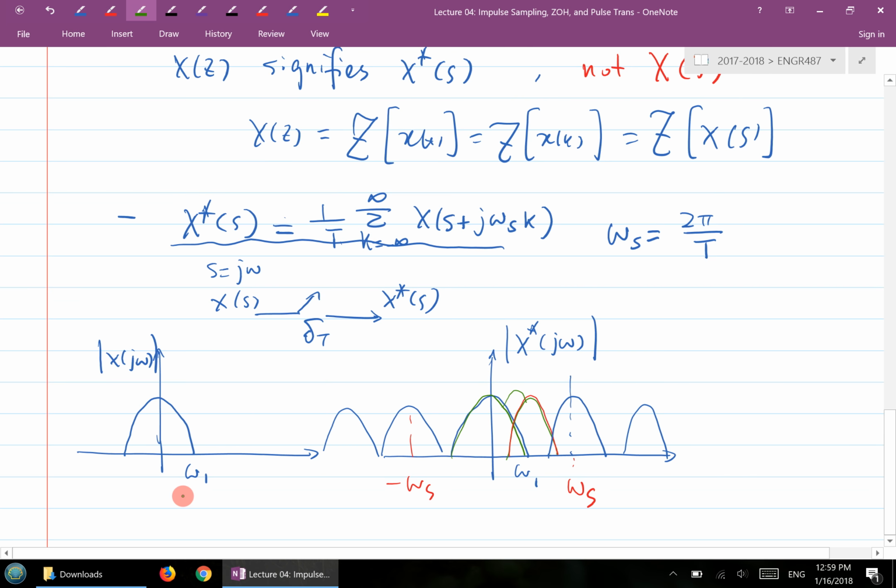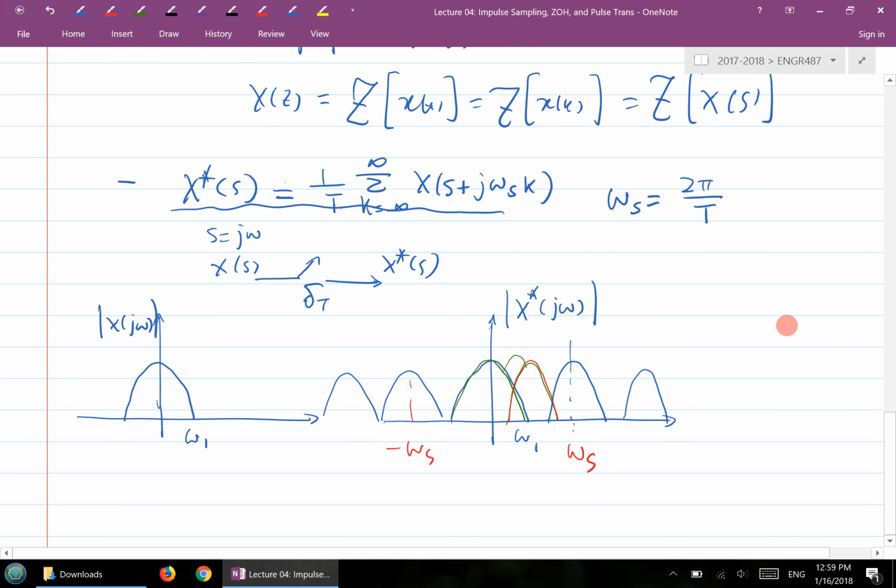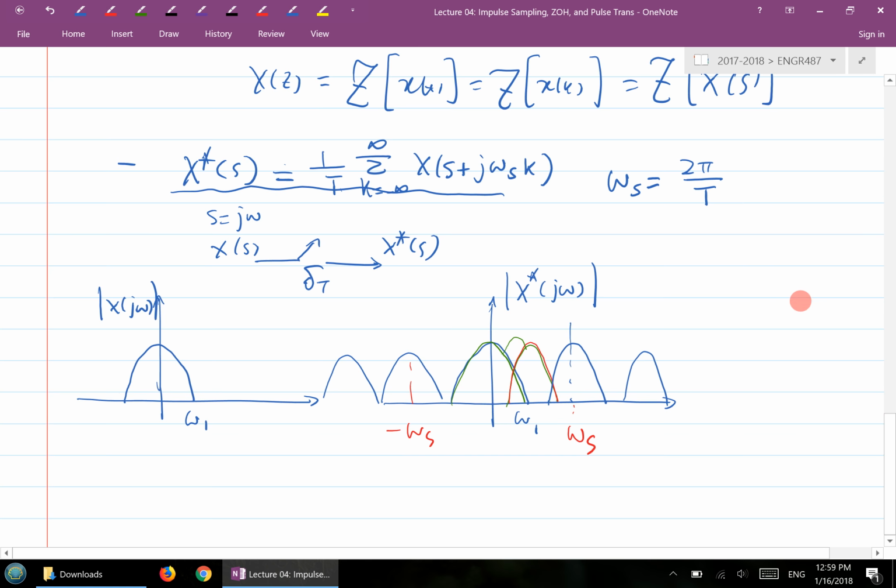I know this is a little bit too much for mechanical, but think about this. You do a sampling of the original signal, and you get a whole bunch of outputs here. But there is a very good chance that you may ask: I do the sampling and get the output, can I reconstruct the original signal based on the output?